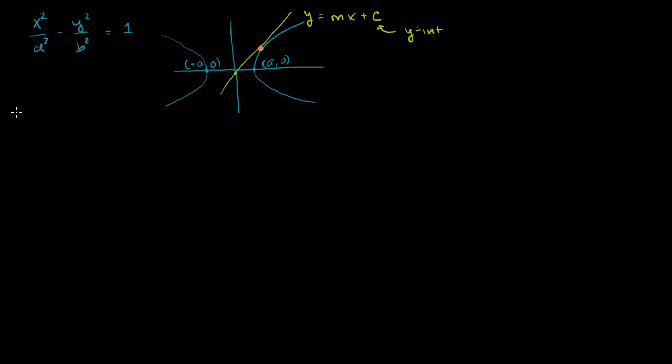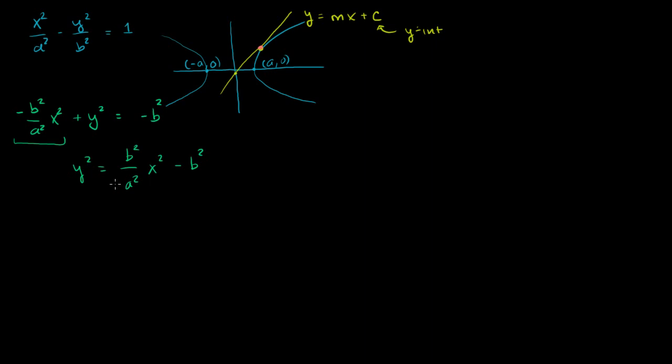And so you get negative b squared over a squared x squared plus y squared, right? I multiplied by negative b squared, is equal to negative b squared. And now let's add this thing to both sides of this equation. And we get y squared is equal to b squared over a squared x squared minus b squared.